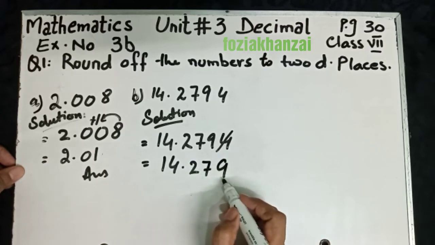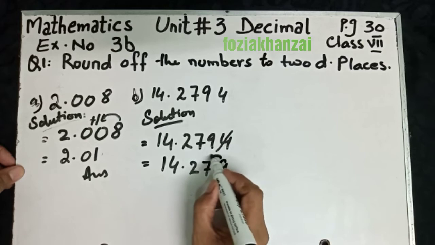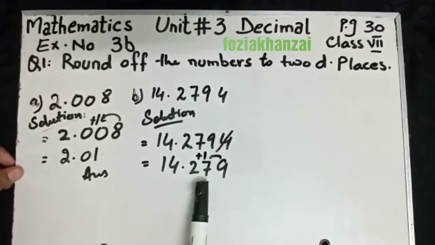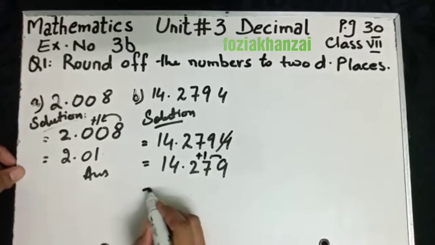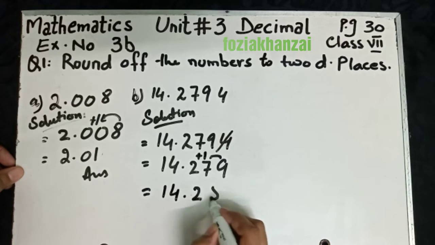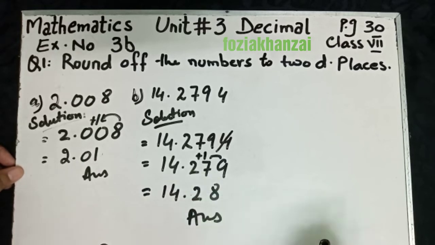Okay, 9 is greater than 5, so we add 1 to the previous number. The previous number is 7, so in the next step, 14.28. 7 plus 1 is 8. 14.28 would be the answer of the second part.